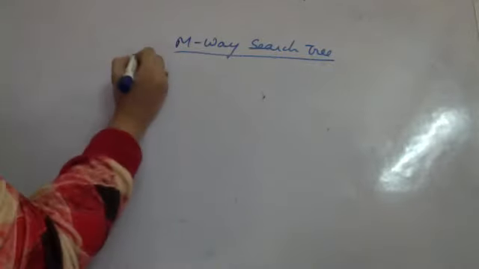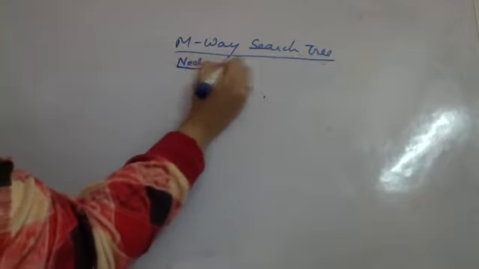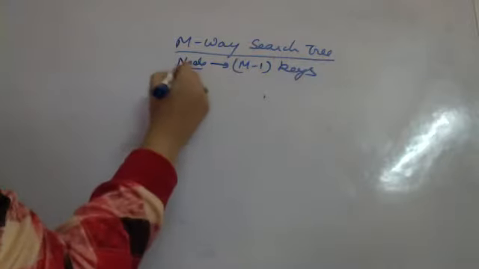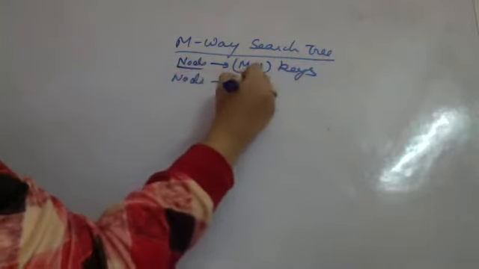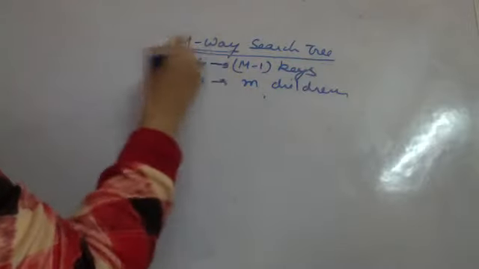That is, every node can have M minus 1 number of keys, and every node can have M children. This is what an M-way search tree means.